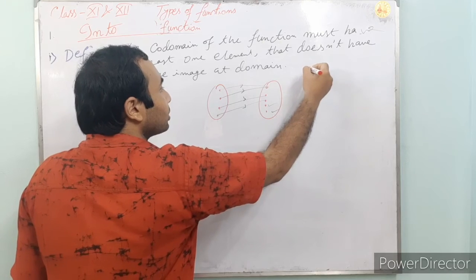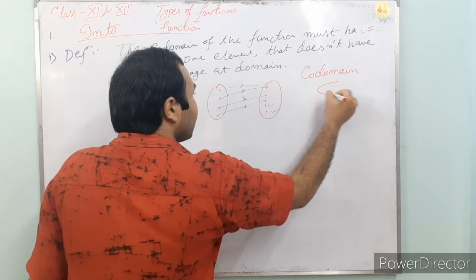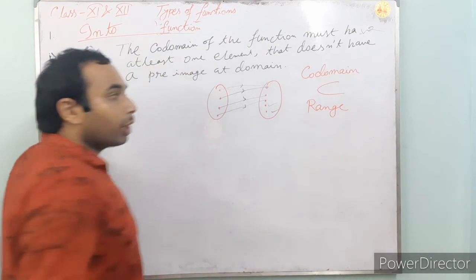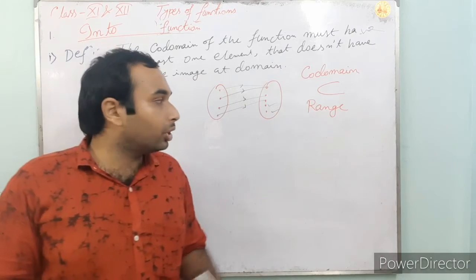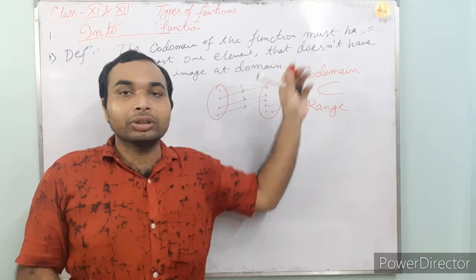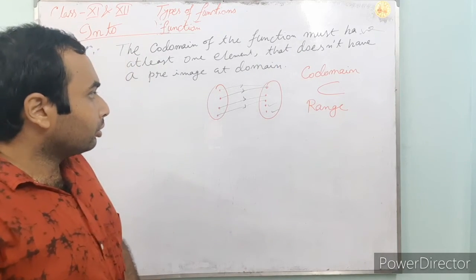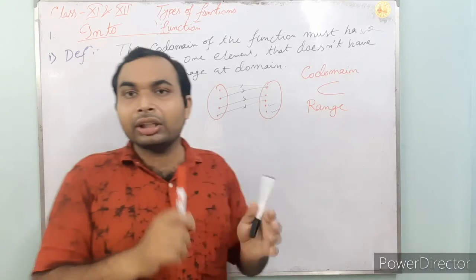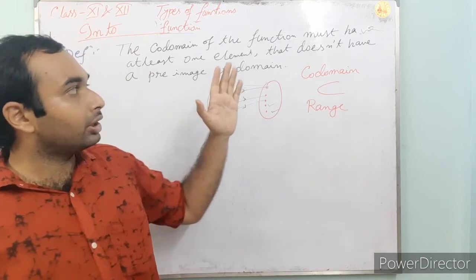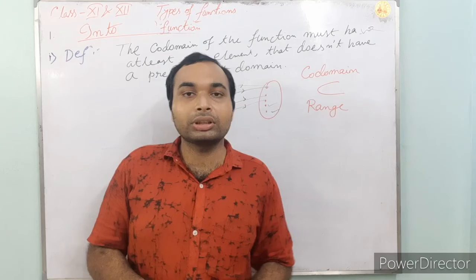Actually what they want to say is that the range must be a proper subset of the codomain, not equal to it. For this, only the definition is sufficient. Sometimes you have to show that this is into, not always.